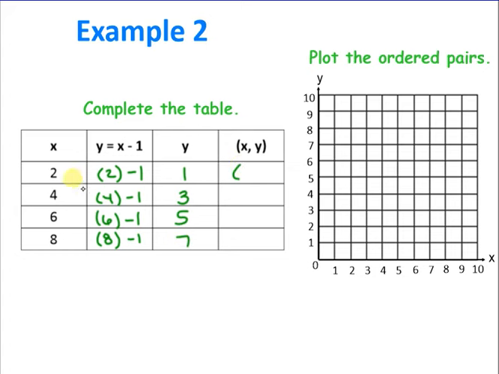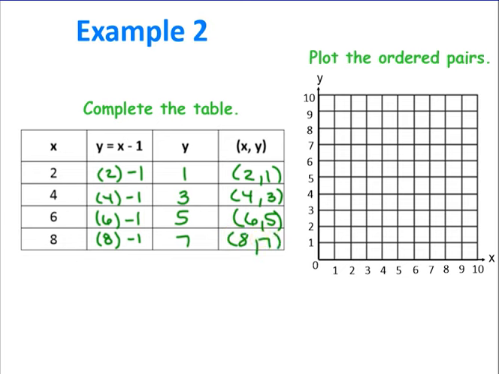All right, so our first x is 2, and our y is 1. So 2, 1, our x is 4, and our y is 3, our x is 6, and our y is 5, and our x is 8, and our y is 7.